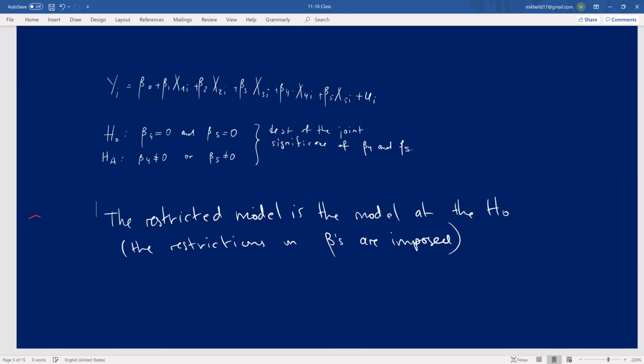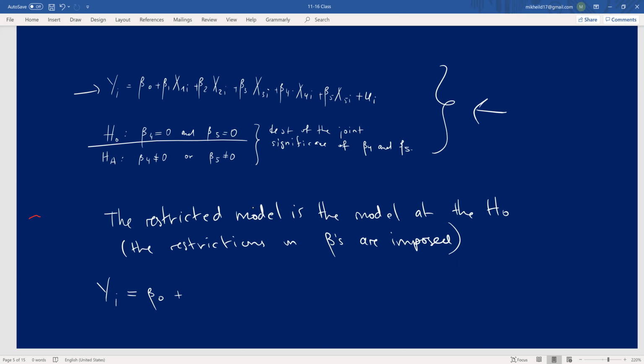So can you tell me what will be the restriction, the restricted model in our case? Beta 0 plus what? Can you please impose these restrictions on this model?